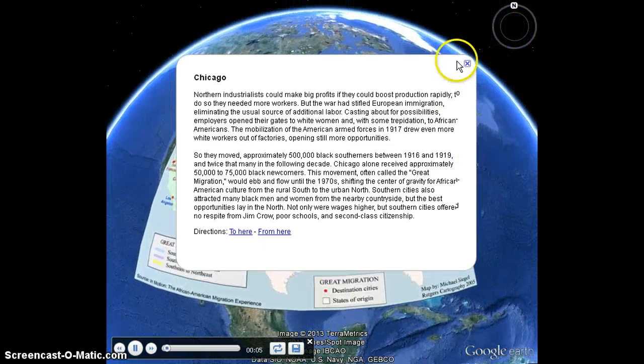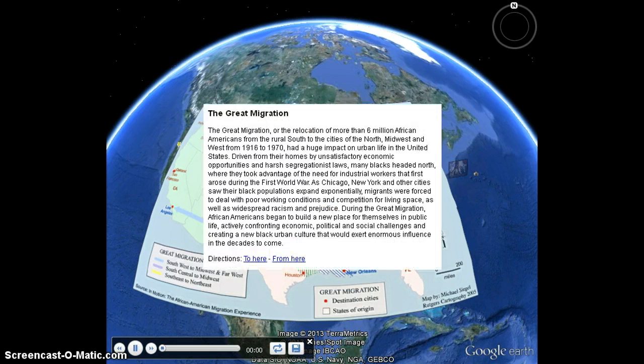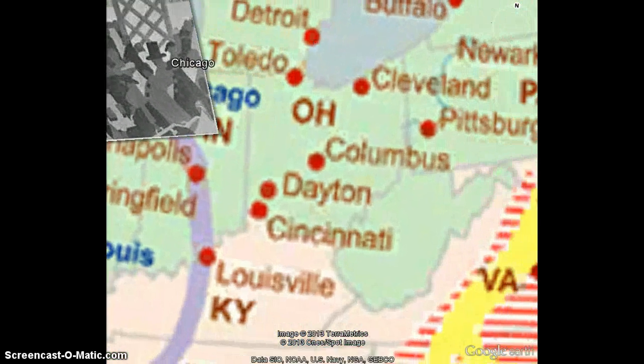Okay, so we're going to go through our visit now. So moving on with our tour, when we look at Chicago, this is where we really see the birth of blues clubs and jazz clubs.